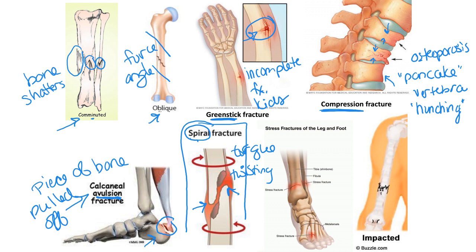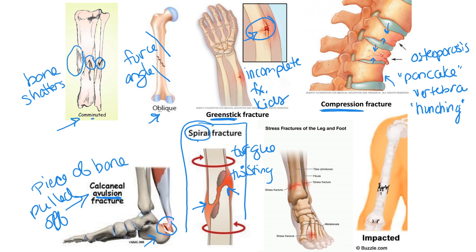And that is definitely going to require surgical repair because the muscle won't stay stretched out to let the two pieces of the bone heal together. You'll have to put some hardware in there to screw that back together, and maybe that hardware can be removed later, but that is definitely going to require surgical repair.